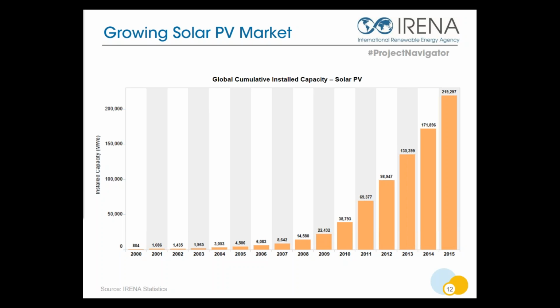The type of projects has been somewhat changing. Initially it was mainly rooftop. Nowadays utility is slightly dominating the total capacity addition for solar PV, and therefore we also started with the utility solar PV module for the Navigator.